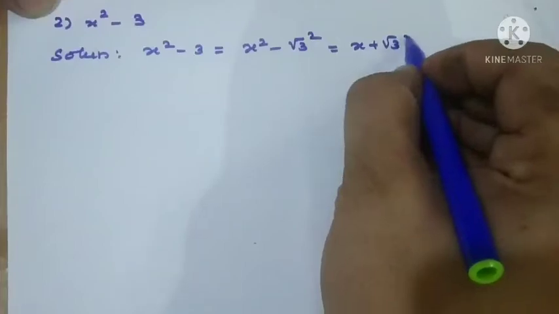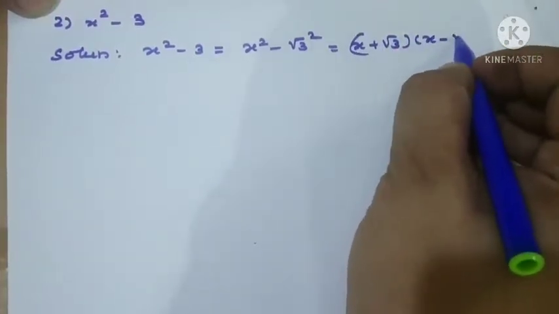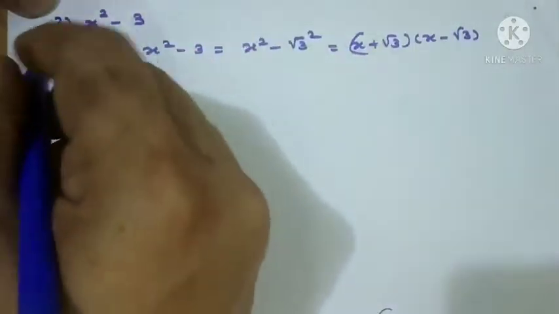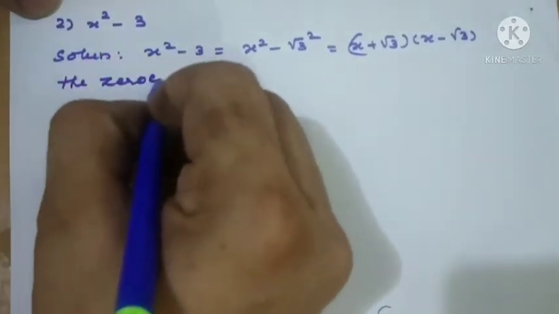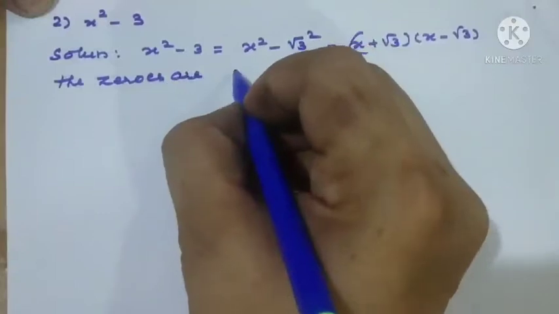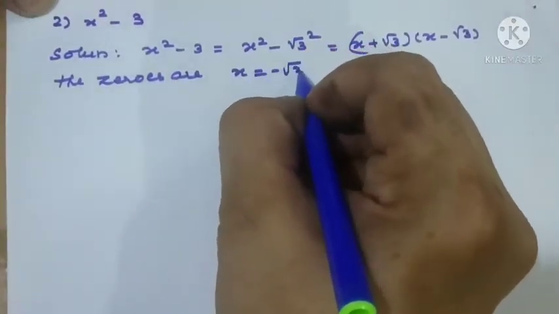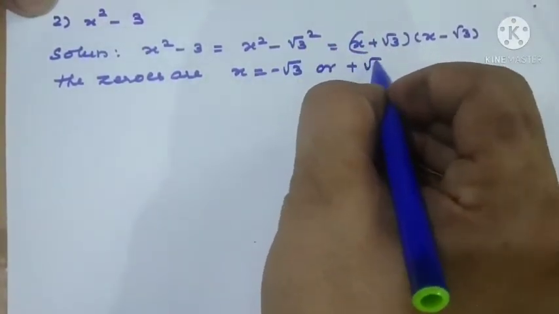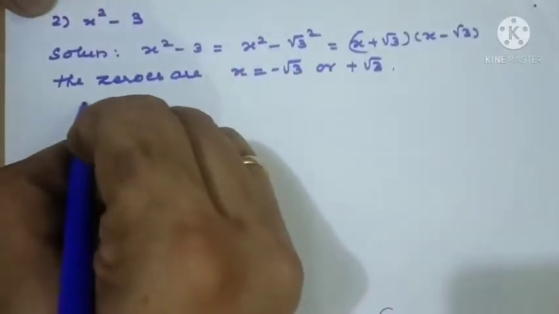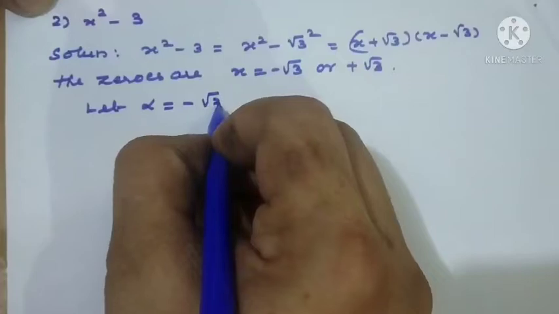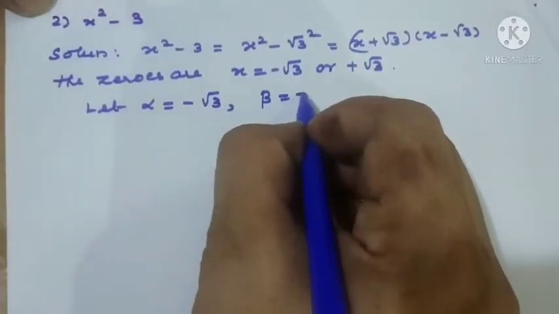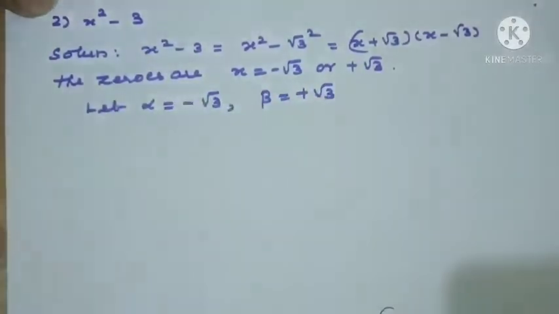It is equal to x plus root 3 into x minus root 3. That means the zeros are x equal to minus root 3 or plus root 3. So what we can take? Let alpha equal to minus root 3 and beta equal to plus root 3.